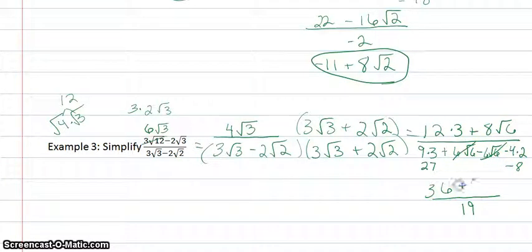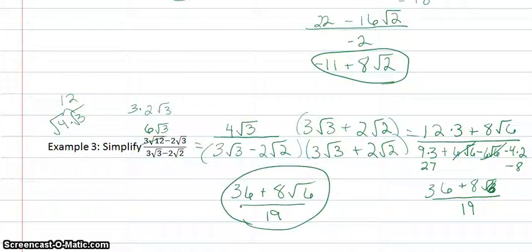And then the plus 8 square roots of 6, I said 3, I wrote 6, the square root of 6 stays the same. So let me write that again. 36 plus 8 square root of 6 over 19 is our final answer on that. And this doesn't have any common factors, so I won't be able to reduce.